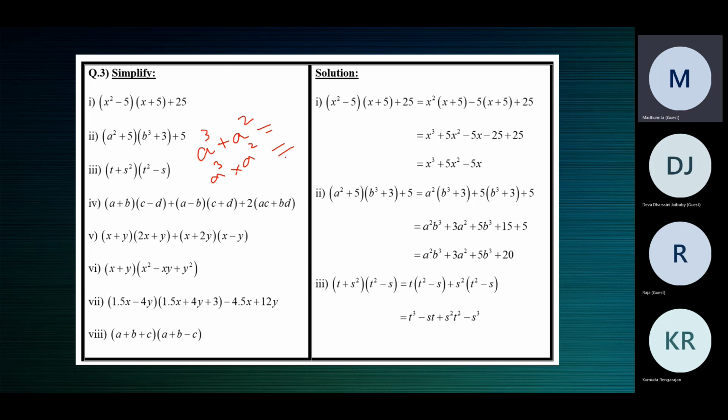Ma'am, a cubed plus a squared is 2a to the power 5. A cubed into a squared is a to the power 5, ma'am.